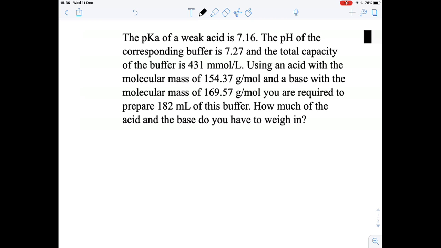So the first step, really the first step, is where you have to ask, do we need more acid or base? So we know that the pKa is 7.16 and the pH is 7.27. So we know that the pH is actually larger than the pKa.